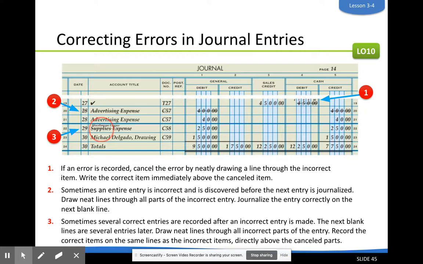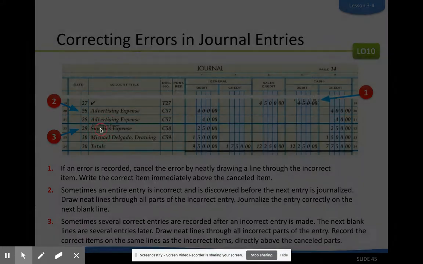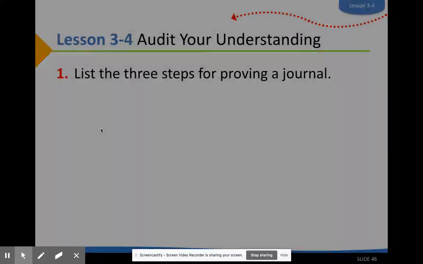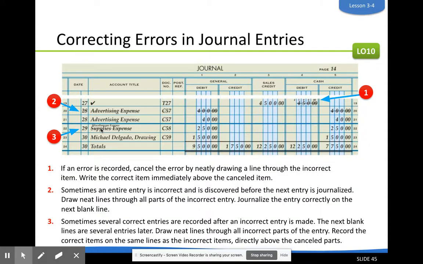Also, if you're ever filling out your work together and you make an error, because we're in class and we're learning, erase your error and fix it later. But this is the correct way of correcting these two entries. So that is section 3-4, and we'll go through these in section 3-4 work together and apply these new skills that we have learned.